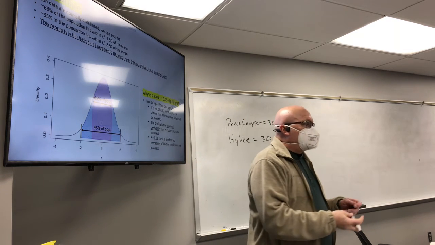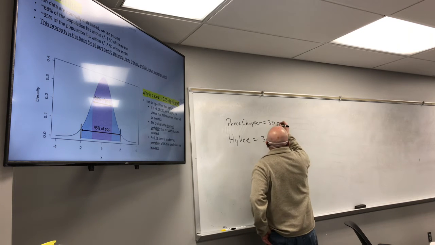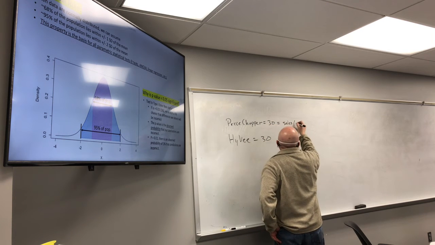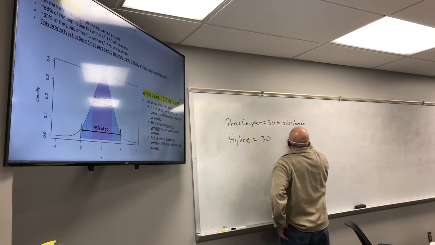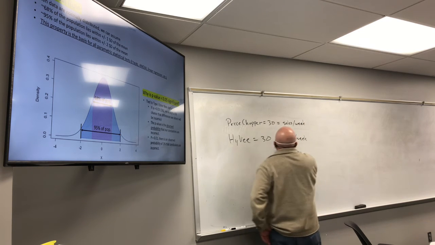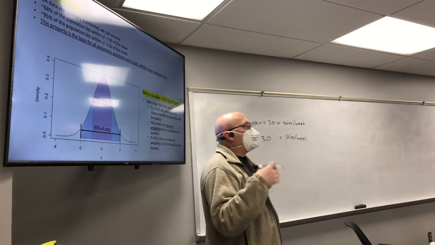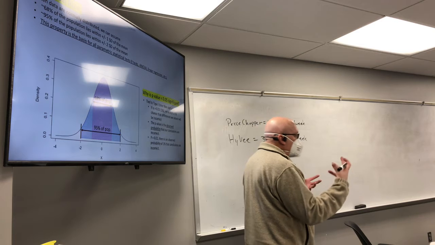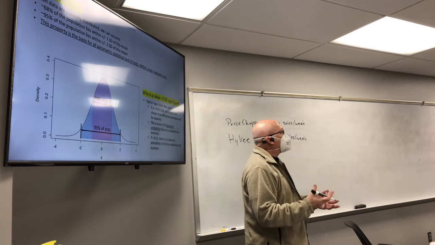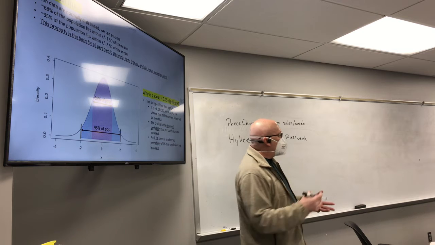I'm a sales analyst for Mars Company, and I look at the sales numbers per week at Price Chopper and Hy-Vee, and I want to know, do Price Chopper and Hy-Vee as chains sell similar levels of M&Ms, or do they sell different levels of M&Ms on a weekly basis?